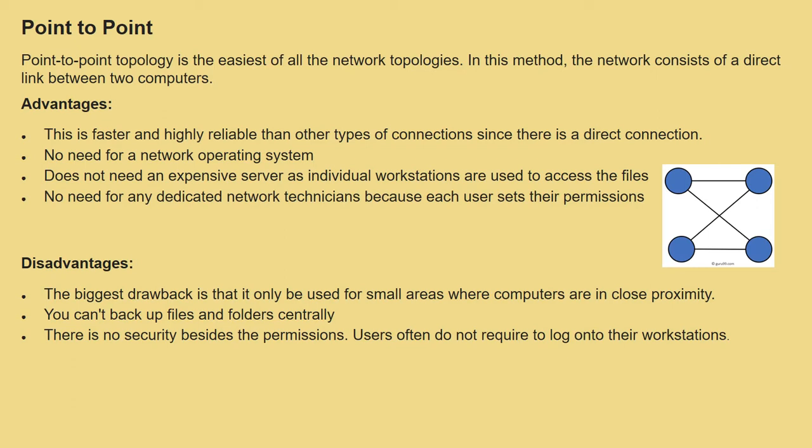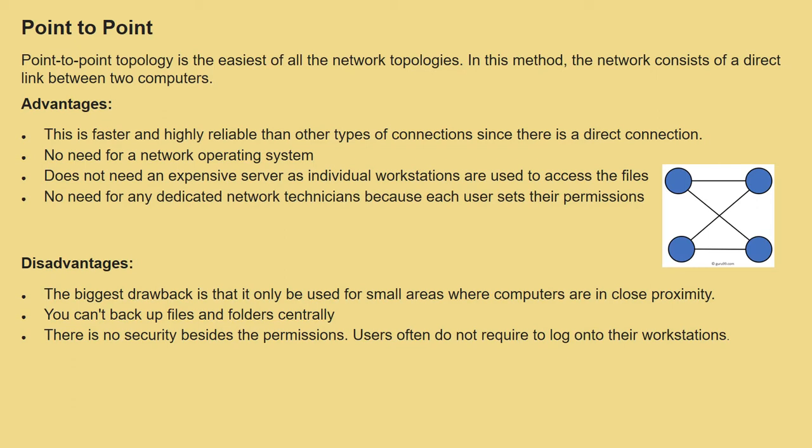There is no need for a network operating system. It does not need an expensive server, as individual workstations are used to access the files. There is no need for dedicated network technicians, because each user sets their own permissions.